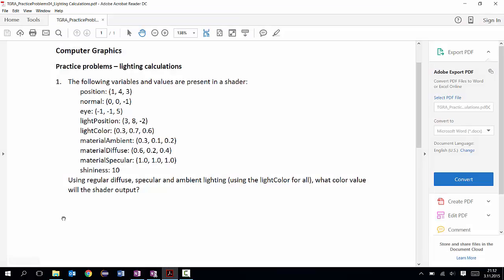So in this case we have P itself, the position, here, 1, 4, 3. We have the eye, and we have the light position here.